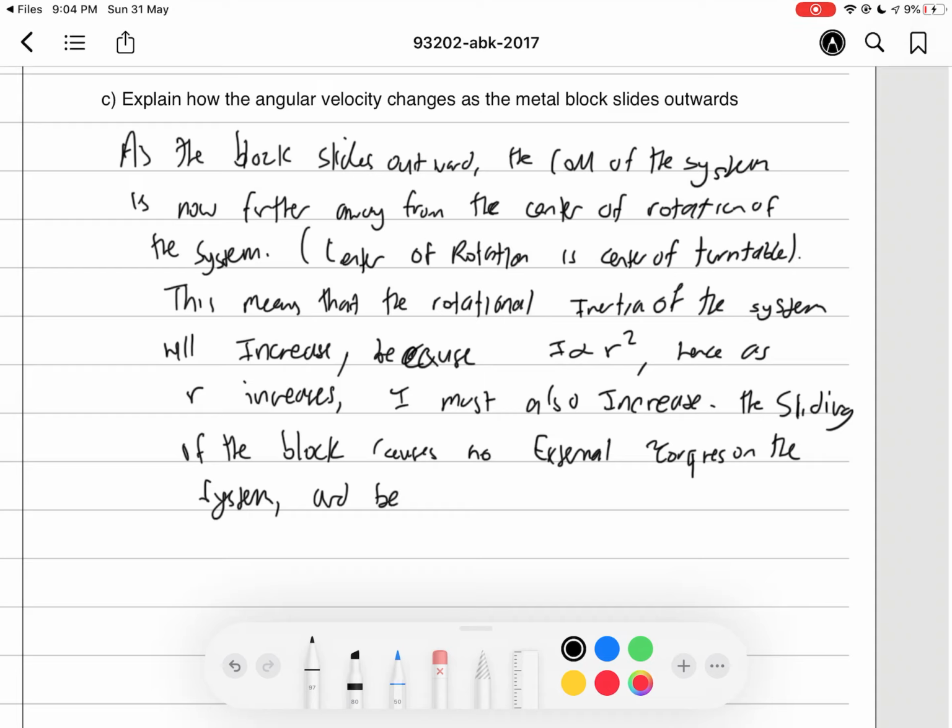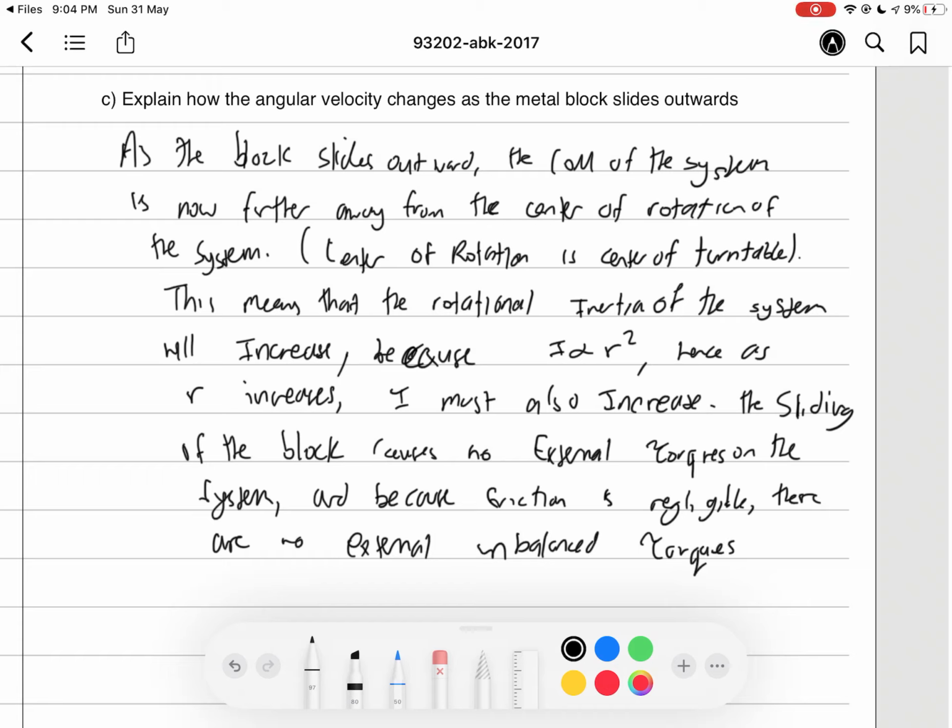And because friction is negligible, there are no external unbalanced torques in the system.